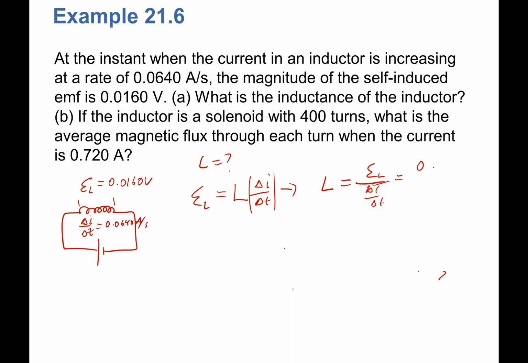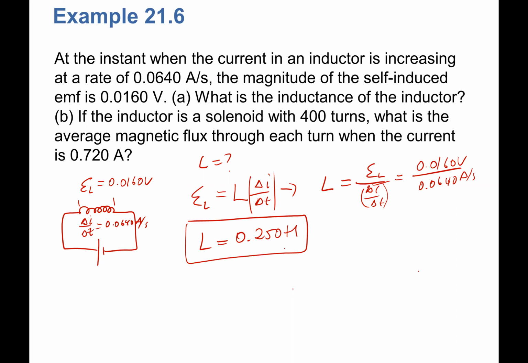So I get 0.016 volts divided by 0.0640 amps per second. Then I plug in the values and calculate the inductance to be 0.25 Henry. Again, we're using this general equation that relates inductance to the EMF and the changing current rate.